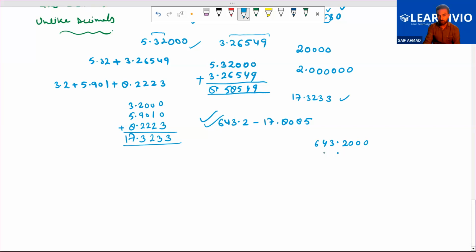Now write 17.8085 here. Understood? I made a mistake, that's why.